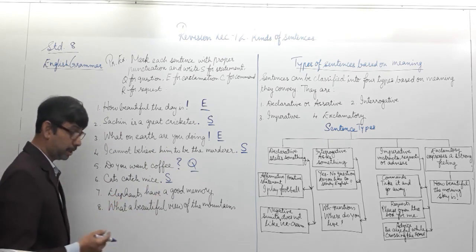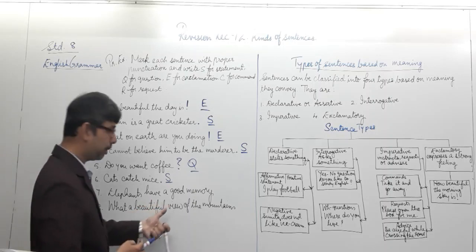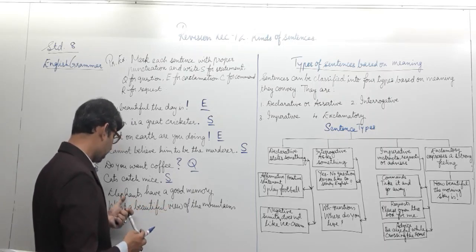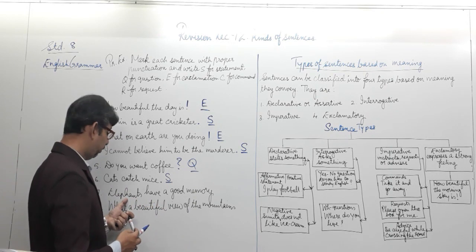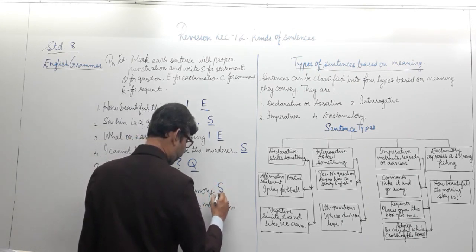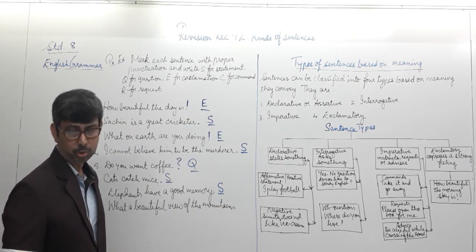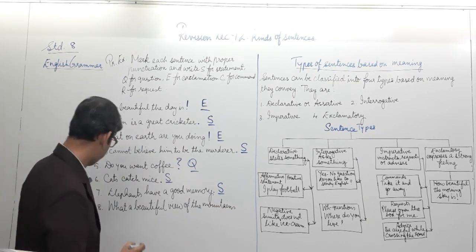Elephants have a good memory. What have we done over here? We are once again simply saying about the quality of elephants, stating something, making an assertion. Hence, we require full stop along with an S mark, that is statement. We are declaring something. So it's a declarative sentence.